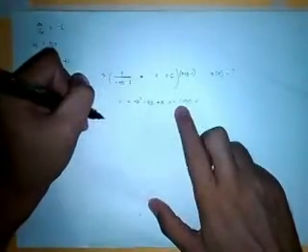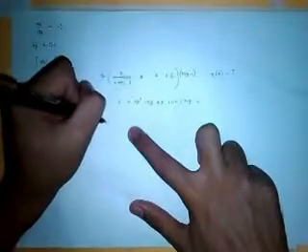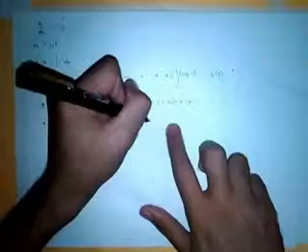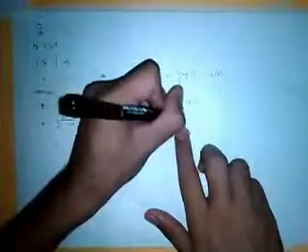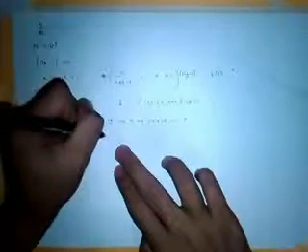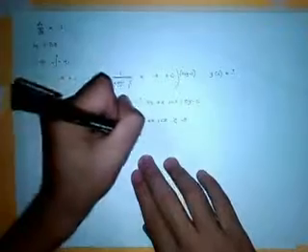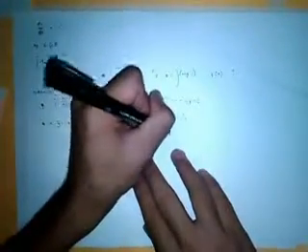So we have our xy, negative xy, it will become positive xy minus cy is equal to negative x squared plus x plus cx minus c minus 1. And then this is y times x minus c is equal to negative x squared plus x plus cx minus c minus 1.